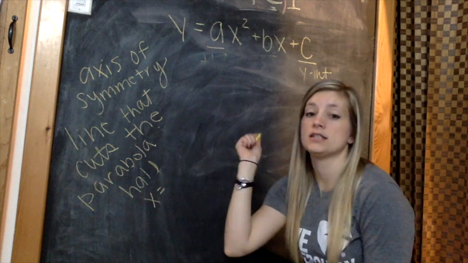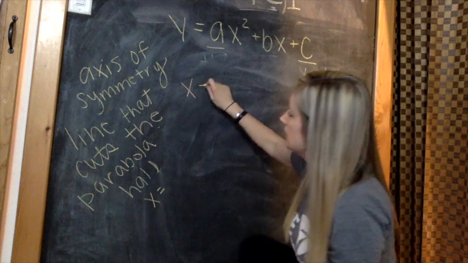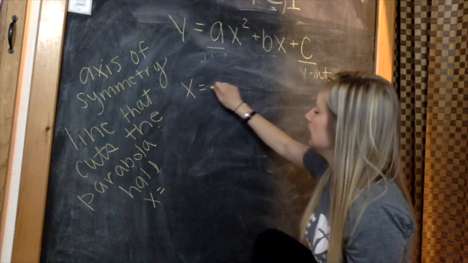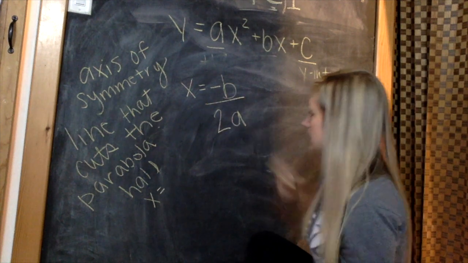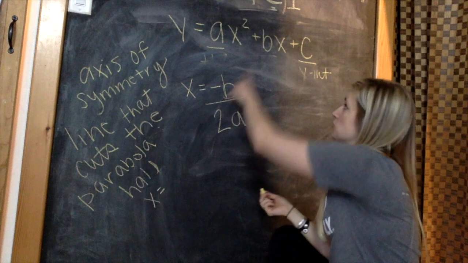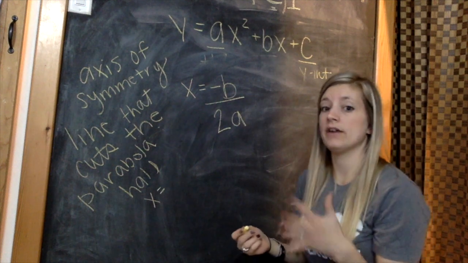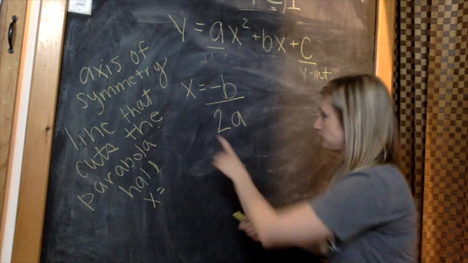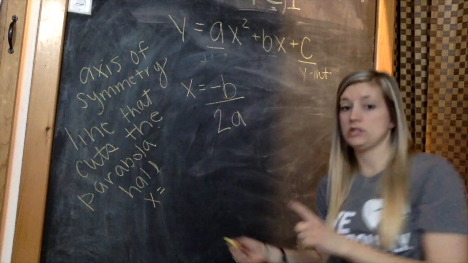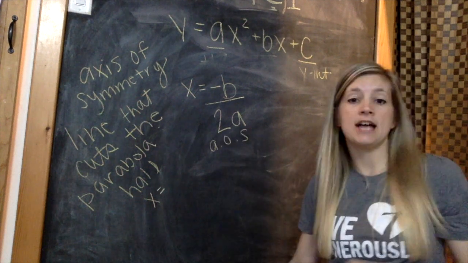The formula for how to find it is x equals negative b divided by 2a. Now we're going to start to bring in that b. We're going to see what that b does and how it affects our max point or our midpoint, aka our vertex. This x equals is always going to represent our axis of symmetry, every time, no matter what.